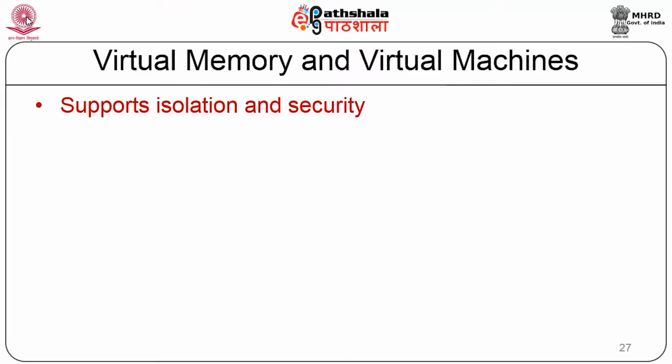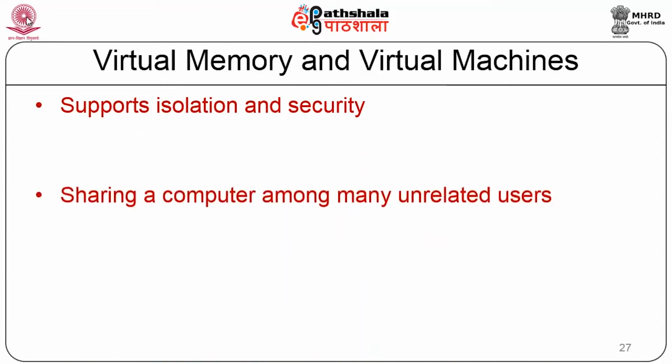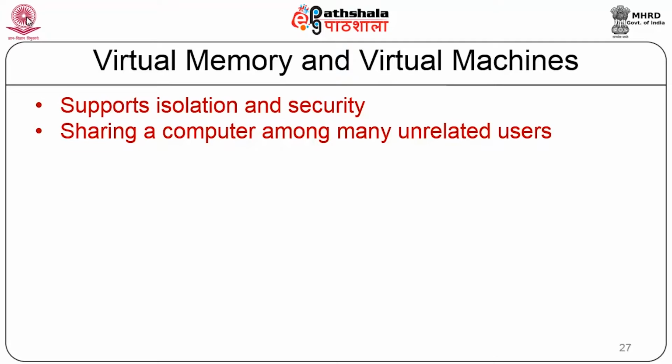The next concept that we are going to look at is virtual machines. We know from the discussion that we had that virtual memory gives support for protection. The concept of virtual machines is not actually new. It has been there for long, but it has really picked up a lot of popularity of late because of the following factors.